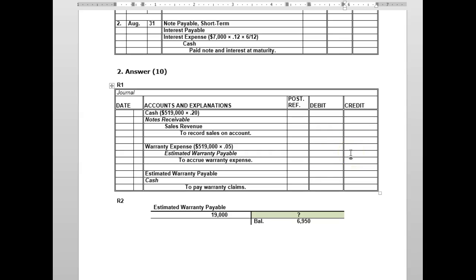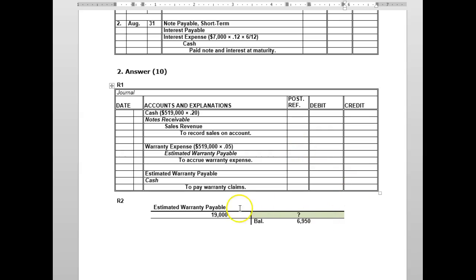Then in the year of 2011, they paid $19,000 in warranty. So now we want to adjust that account to make sure we're within reason here. So we're going to debit that payable account for that $19,000 and credit the cash, because that's what we actually paid out.